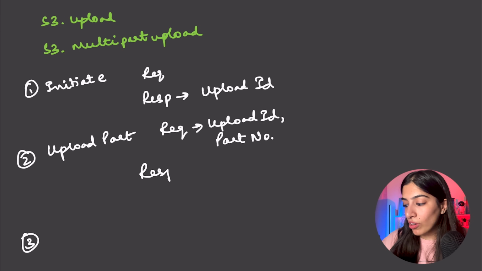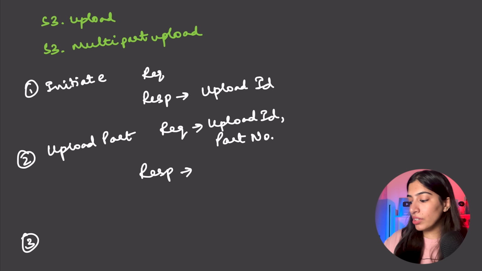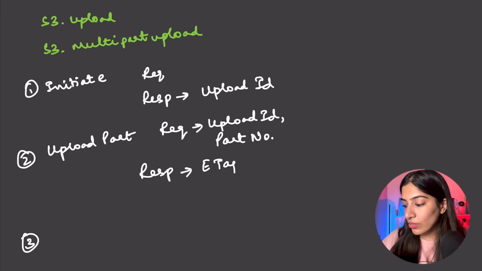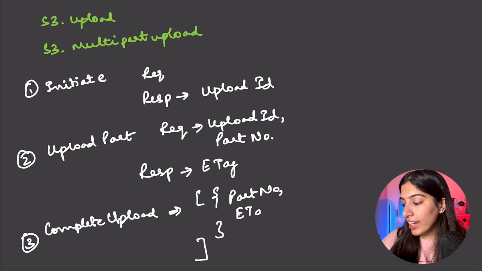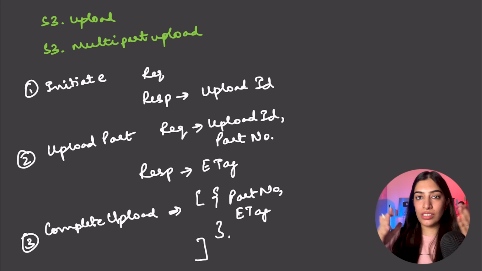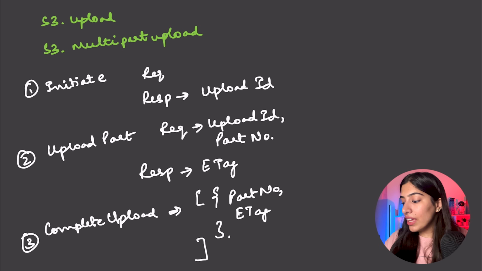In the response, corresponding to every part number, you're going to get something called an E tag, which is an entity tag. In the end, when you send the complete upload request, you send an array. In the array, you send the part number and E tag for every single part. Suppose there were 1000 parts, you send the array, and you obviously send the upload ID itself.